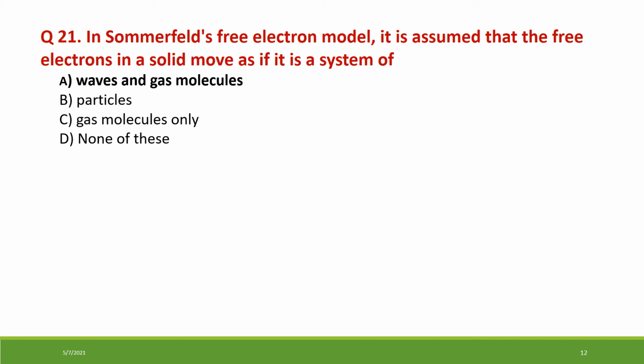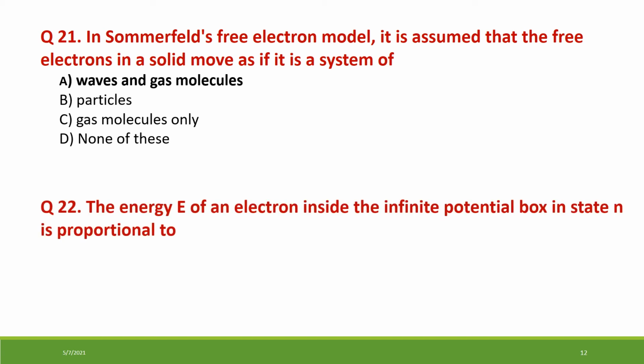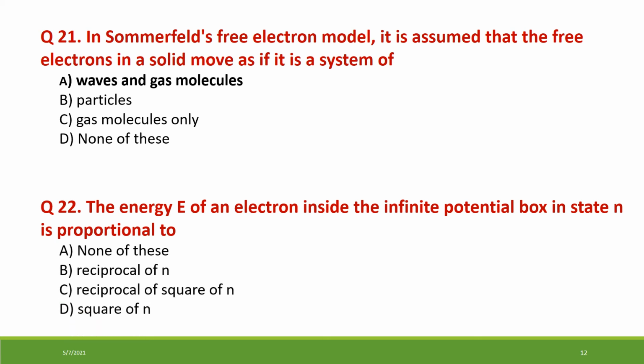Question number 22. The energy E of an electron inside the infinite potential box in a state n is proportional to, the options. A is none of these, B reciprocal of n, C reciprocal of square of n, and D square of n.